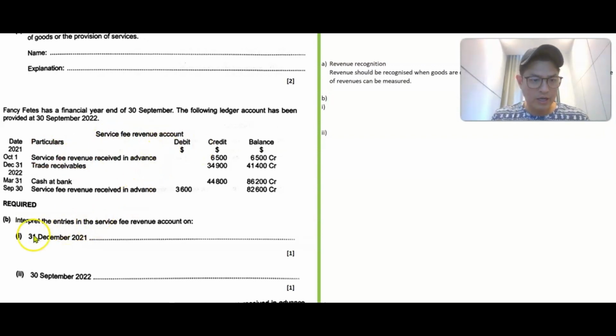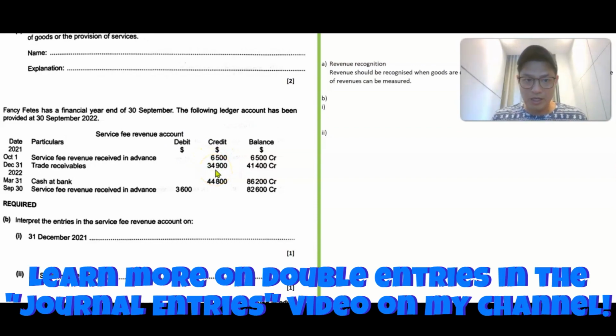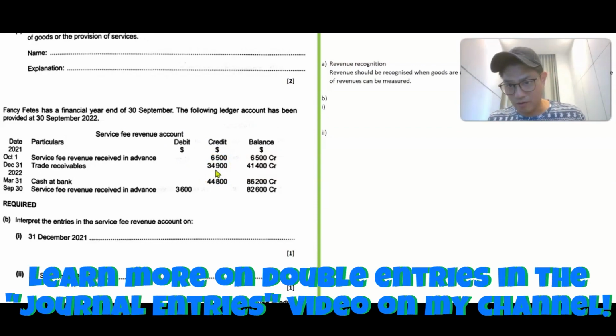So this account as of 31st December 2021, on this date, the particulars in this account is trade receivables, which tells you that that's the double entry. That's the other entry of that whole double entry leg in this line. And the service fee revenue account is credited for 34,900, which means in the double entry system you have credited service fee revenues account.